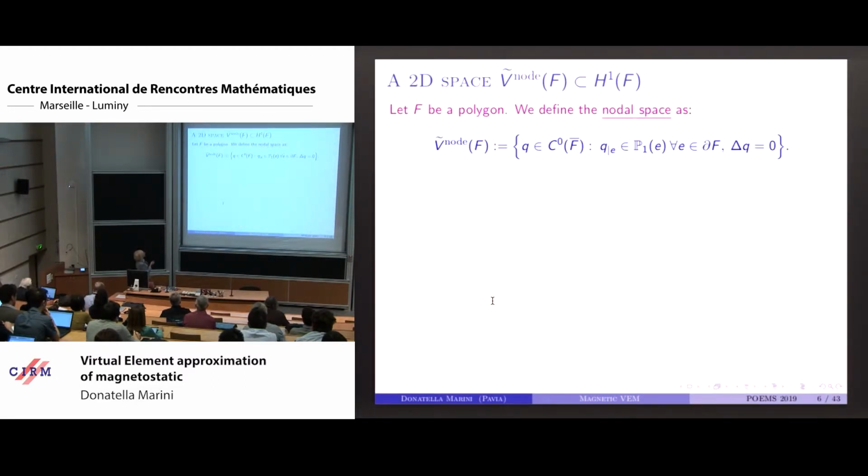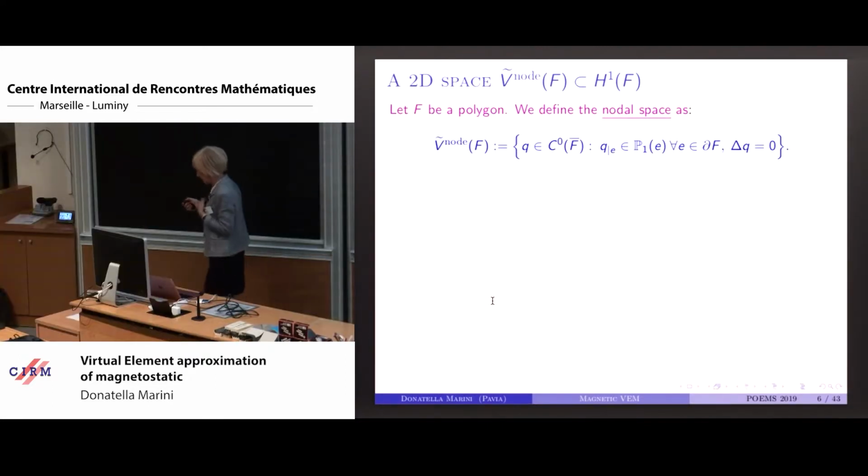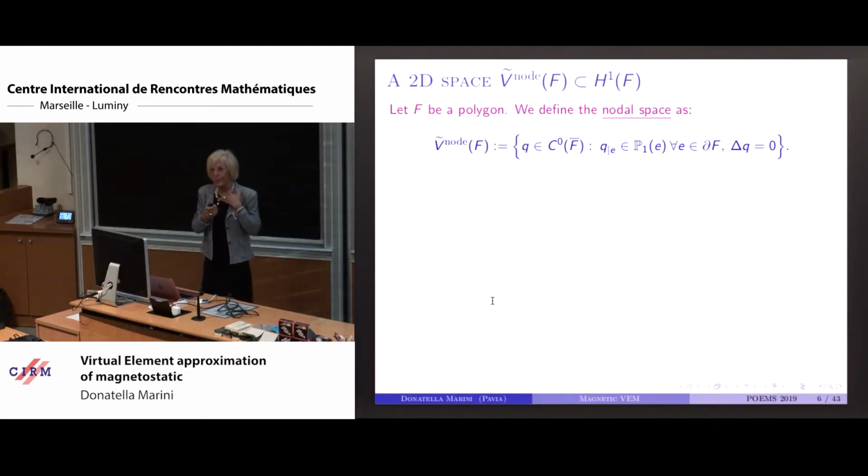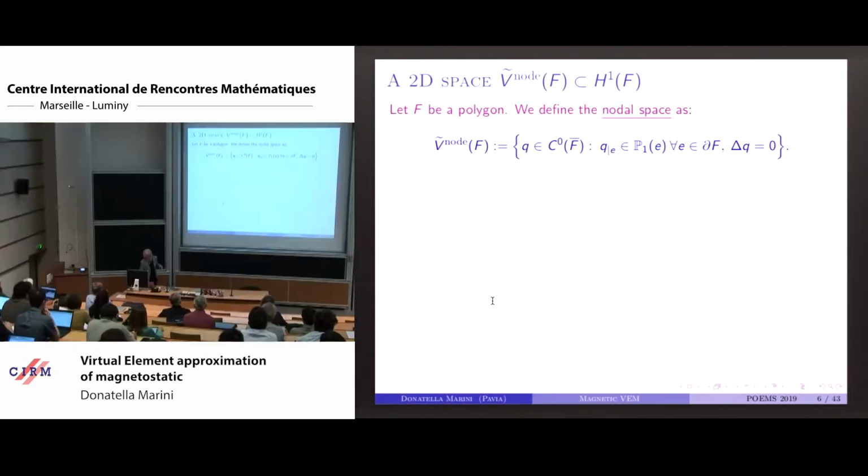The nodal space on a generic face is very easy, probably the first virtual space introduced for the Laplace. It is made of functions which are continuous on the face, polynomials of degree 1 on each edge, and harmonic inside.